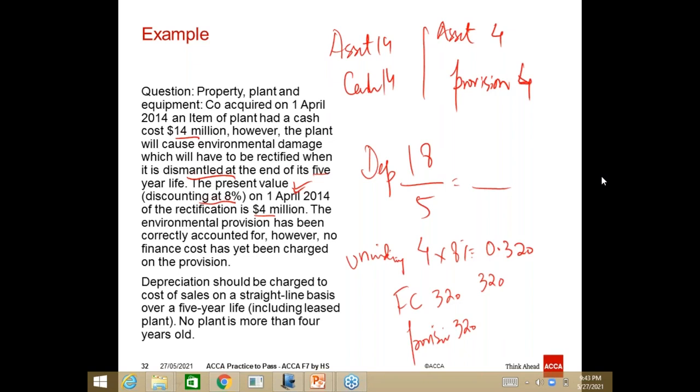The 4 million, according to IAS 16, is a capital expenditure. It's a dismantling cost that should be capitalized. Capitalized means that it should be added to the value of the asset. So the total cost of the asset is actually 18 million, which will be depreciated over 5 years.